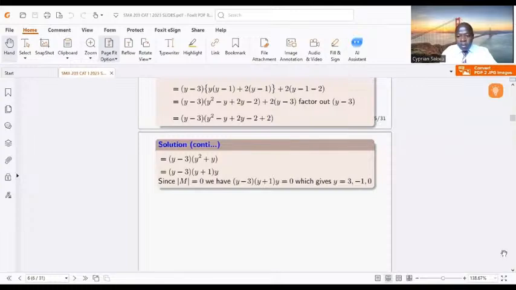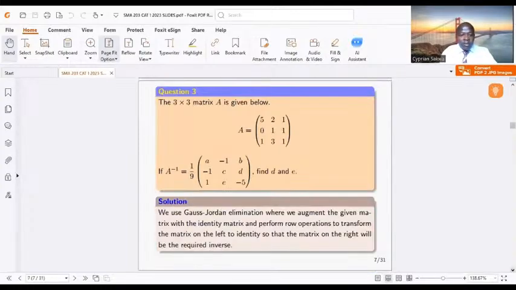We'll look at the next question. And the next question again is about matrices and inverse. It says the 3 by 3 matrix A is given below, and if its inverse is this, what would be the value of D and E?